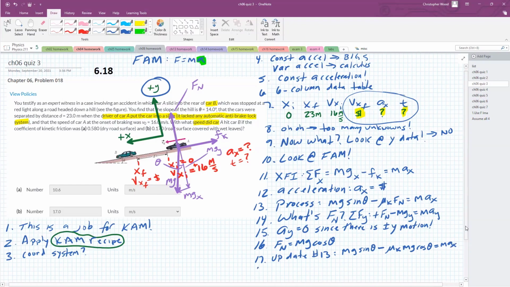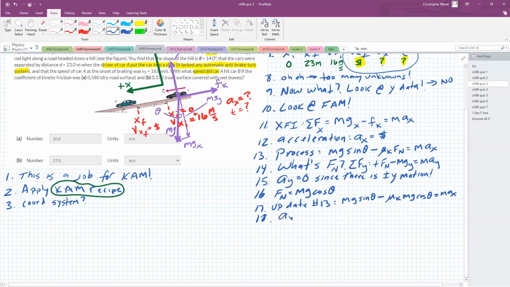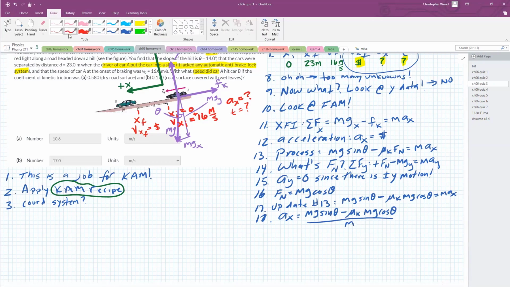And there's my answer for acceleration: A sub X equals mg sine theta minus mu sub k mg cos theta, all over m. You can see some cancellation, so this gets simplified. M cancels. I'm going to get a number on that and store it in calculator memory location A.